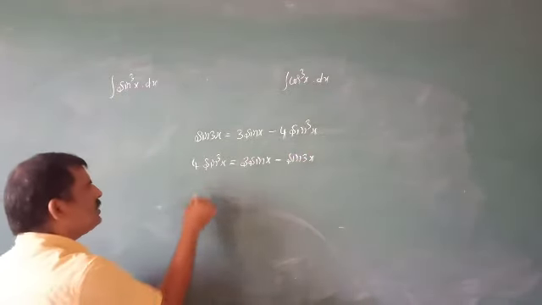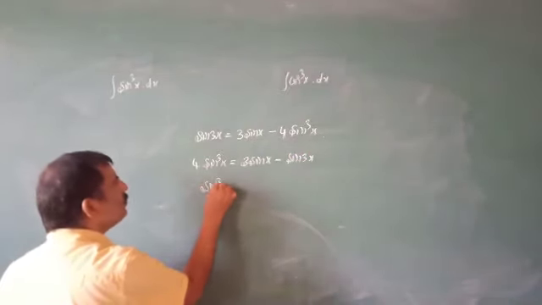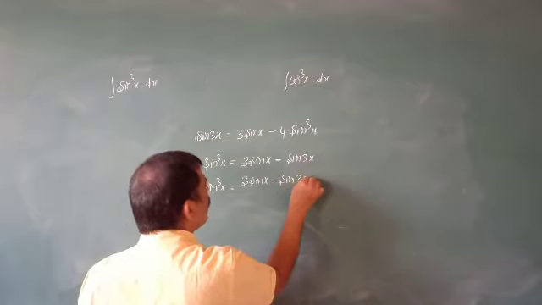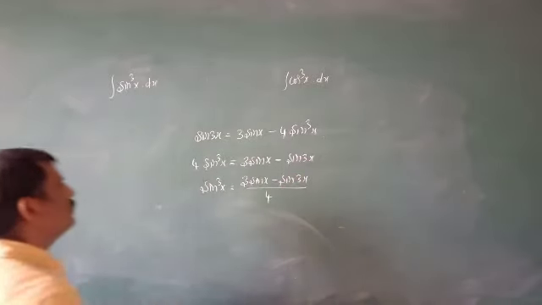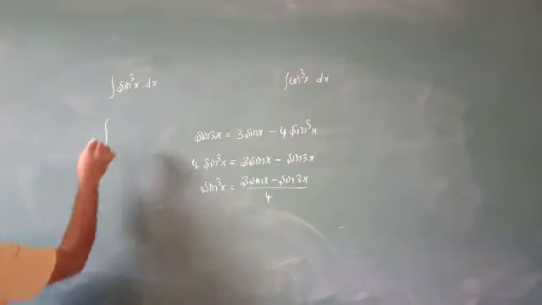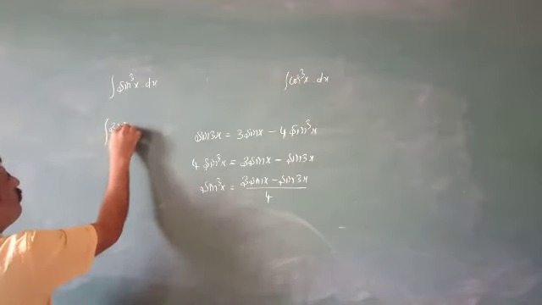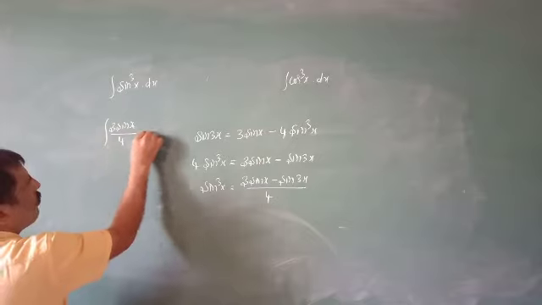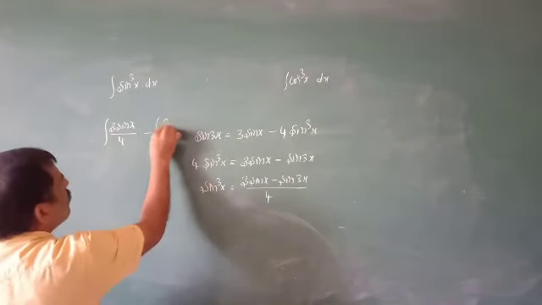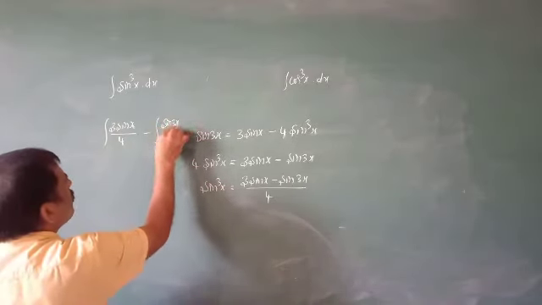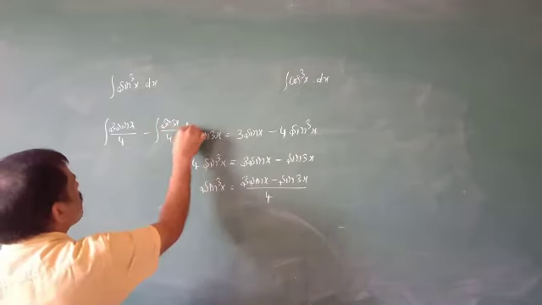Sin cube of x is equal to 3 sin x minus sin 3x divided by 4. So integrate: 3 sin x by 4 minus integrate of sin 3x divided by 4 with respect to x.